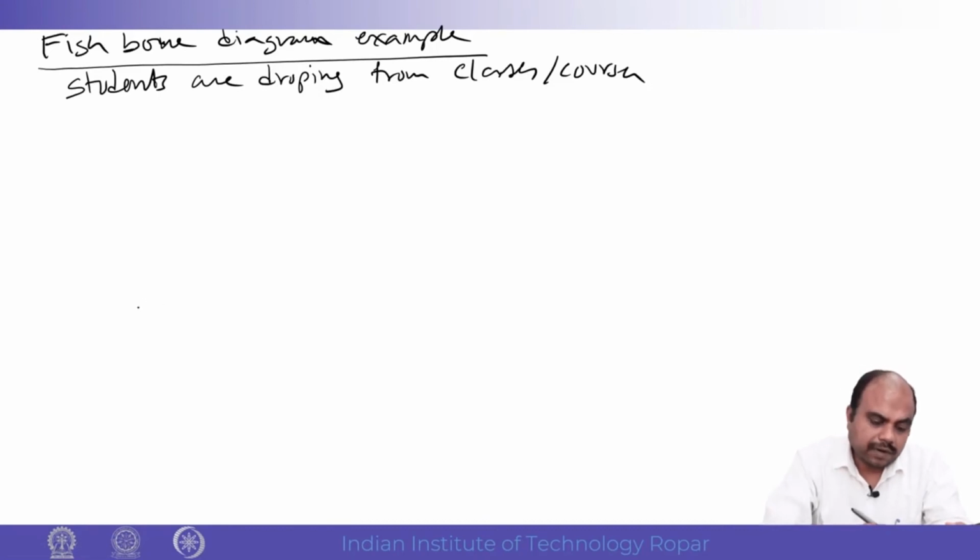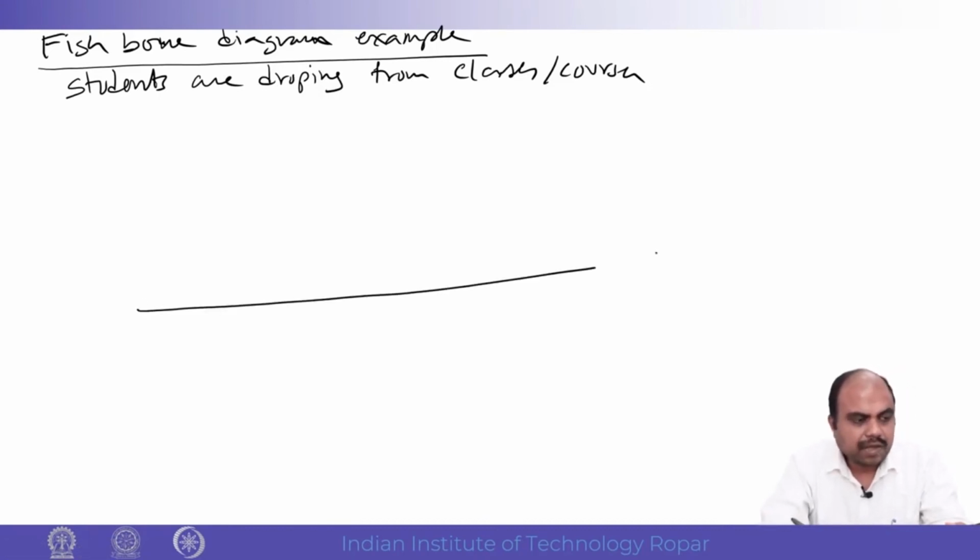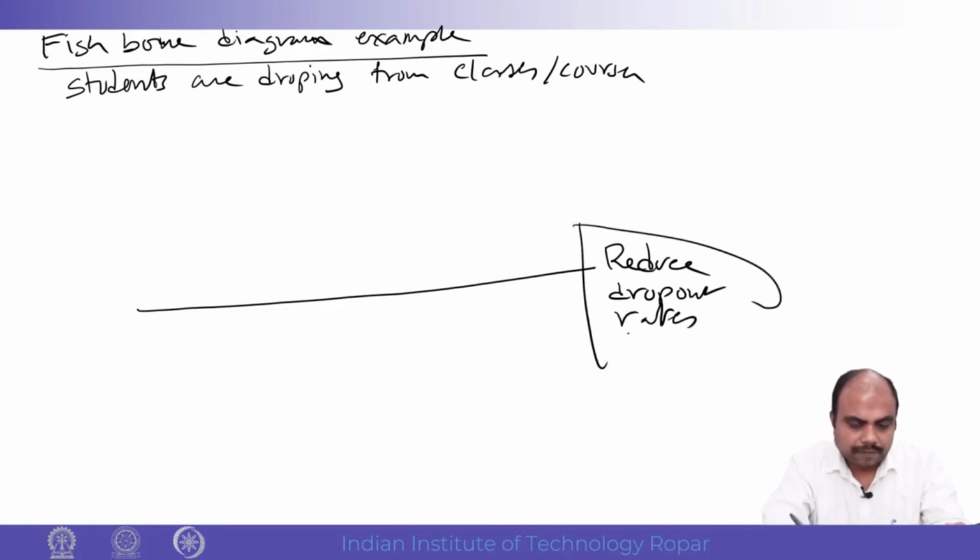Now they are using a fishbone diagram. Instead of asking why the students are dropping, they wanted to improve the rate at which students take the courses, so that with more courses, more students will be enrolling. So instead of taking it negatively, they wanted to make it positive: reduce dropout rates. This is ultimately the aim of the work.